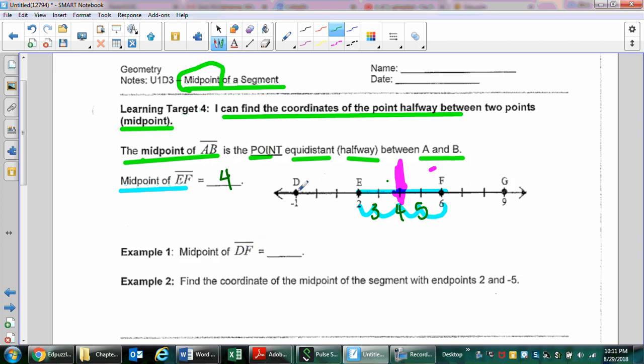Midpoint of DF. D is here. F is here. So now, okay, it's -1 to +6. What I usually do is count. What's the distance? I know we did it earlier, but to help you, this is 1, 2, 3, 4, 5, 6, 7.